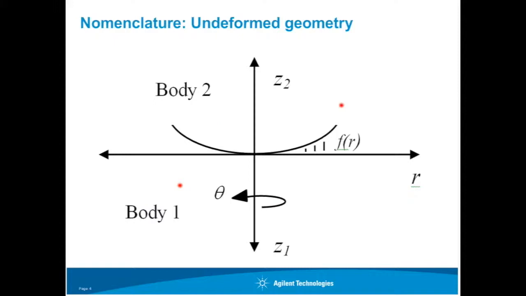The function f of r describes the original distance between the surfaces of body one and body two as a function of the radial coordinate r. Traditionally, the normal coordinates z1 and z2 are positive into each contacting body.